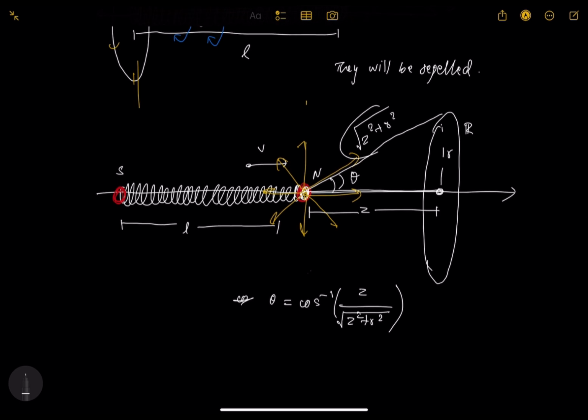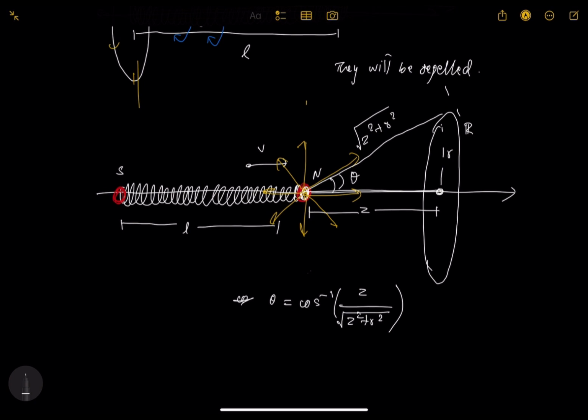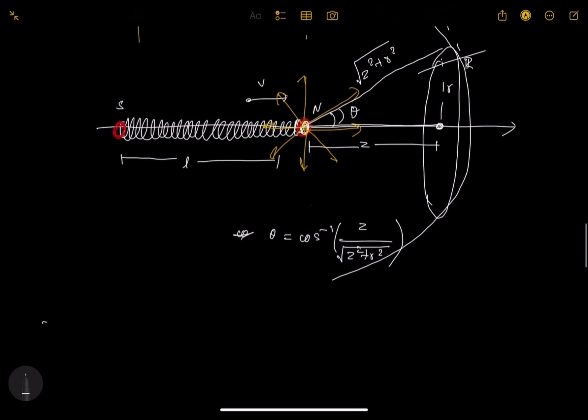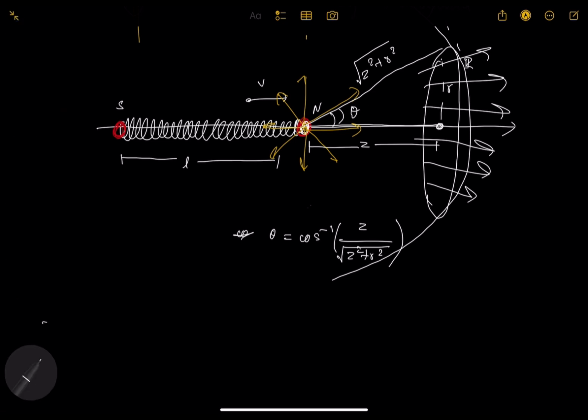And we're going to be using this radius and drawing a sphere around the North Pole. Let's say it's just a really big sphere, and then we're evaluating the flux through just this part. What is that going to be? In simple terms, we're going to have to evaluate what this surface area A is. Let's call that A dash.